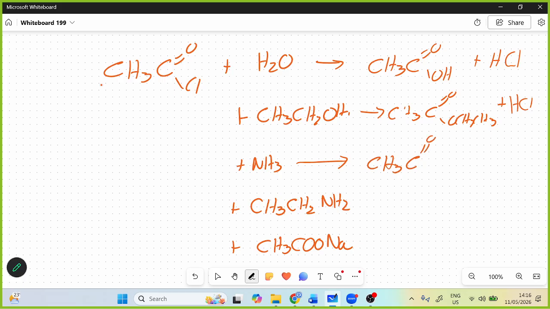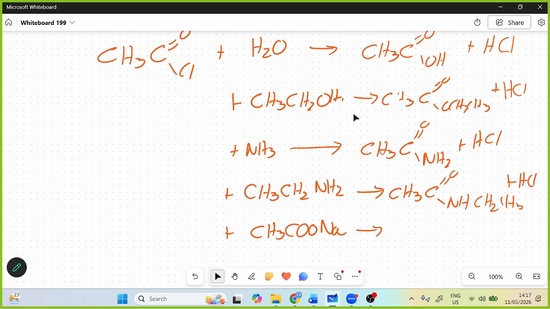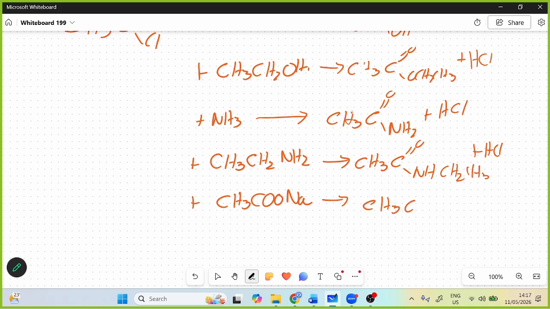The third one is the amide plus HCl. Another amide, but this one is a substituted amide, plus HCl, and the next one is the acid anhydride plus HCl. Okay?